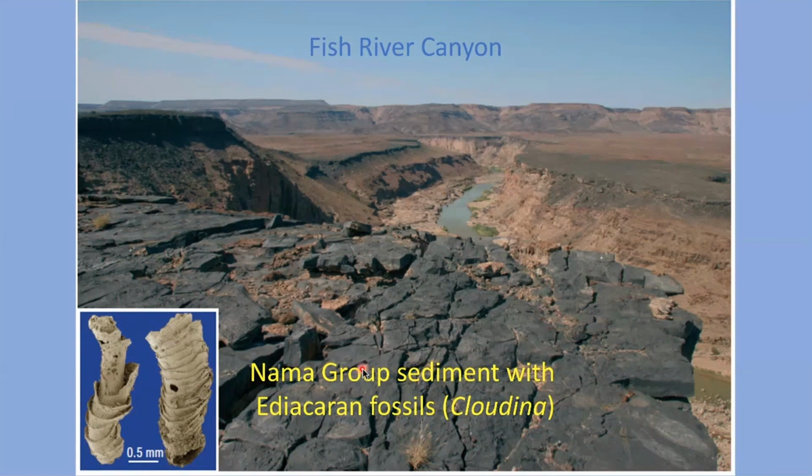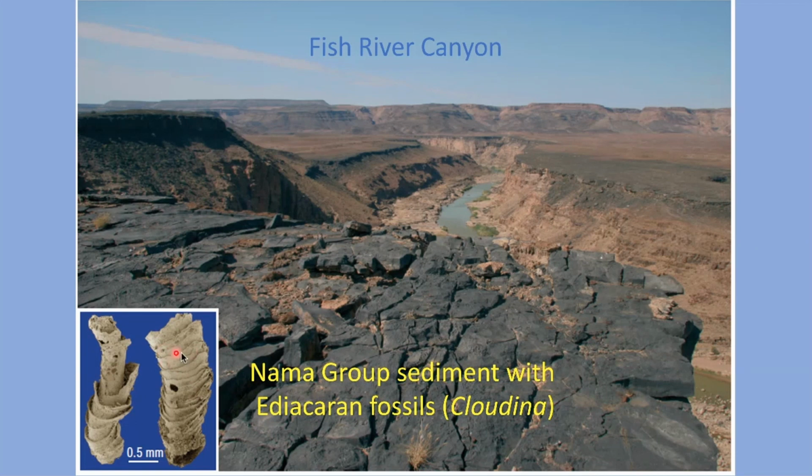And the Nama group is interesting because it contains fossils. And here in the lower left is a blow-up of one of these fossils. It's a calcareous fossil, one of the earliest calcareous organisms that we know of, dating from about 560 million years ago.